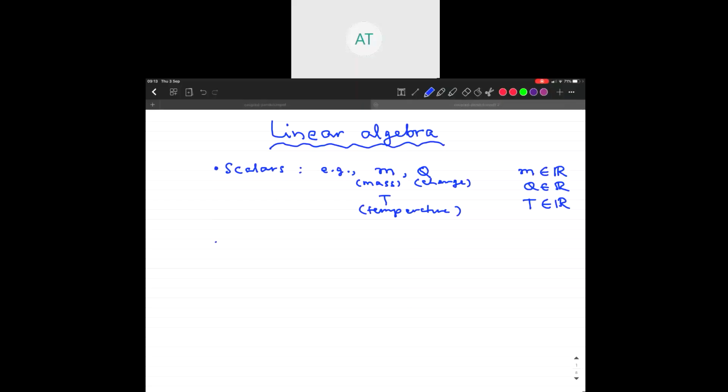We can also instead have quantities which are vectors, for example the velocity vector. So this v would be a collection of 2 numbers or 3 numbers or 4 numbers depending on the dimension in which you are looking at.